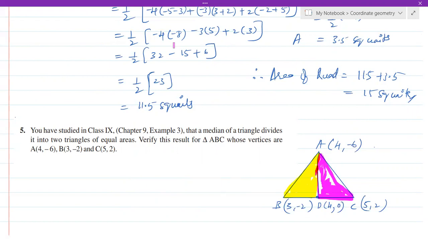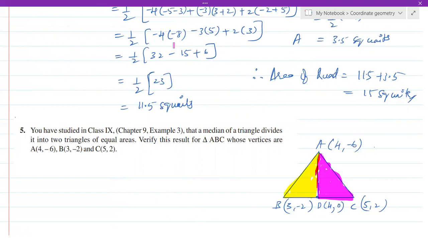This triangle. Both you have to find the area using the formula, and remember both the areas should be equal, because D is a midpoint and AD is a median. So you have to find the area of triangle ABD and ADC and verify whether they are equal or not. 100% you should get it as equal.